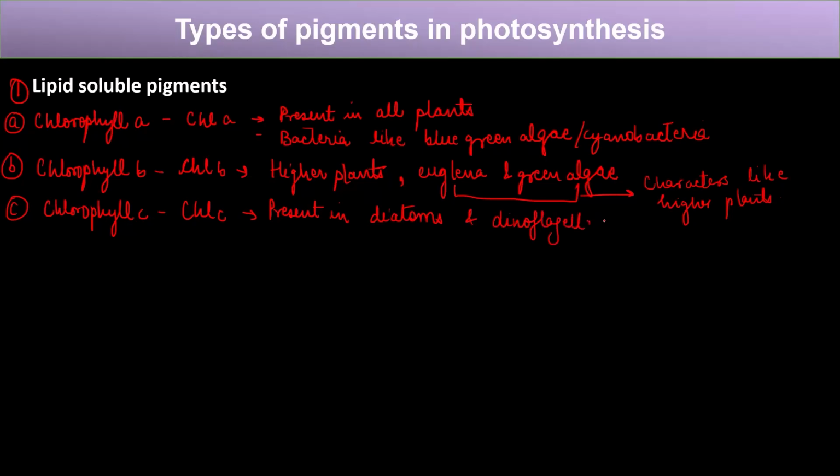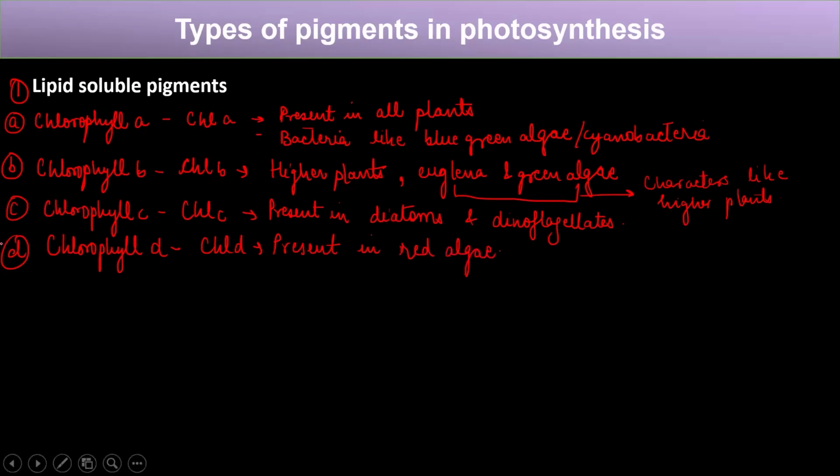Then the fourth is chlorophyll D, represented by CHLD, and it is present in red algae. We know we have green algae, brown algae, and red algae. So chlorophyll D is present in red algae.